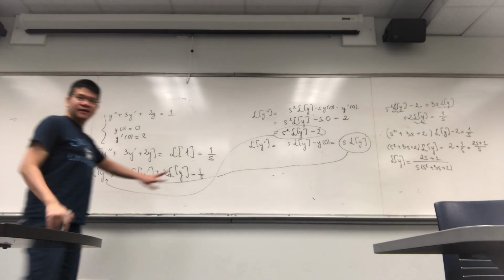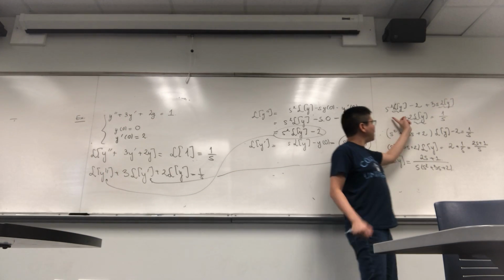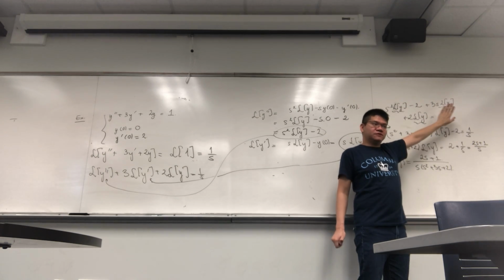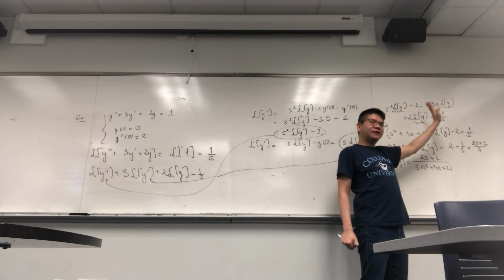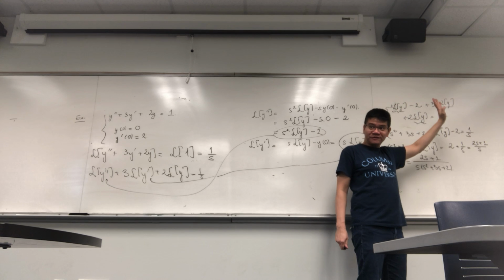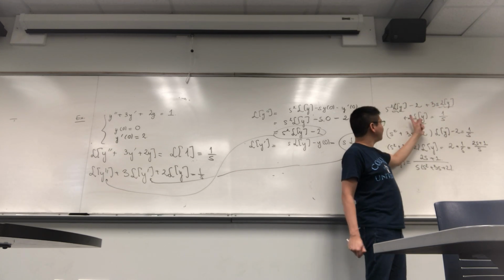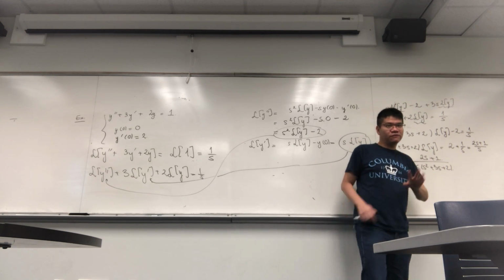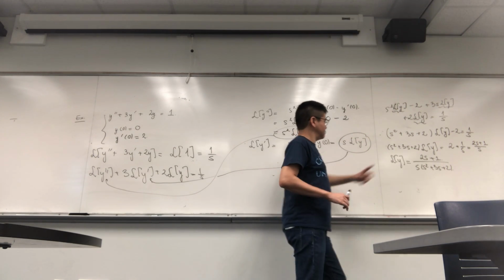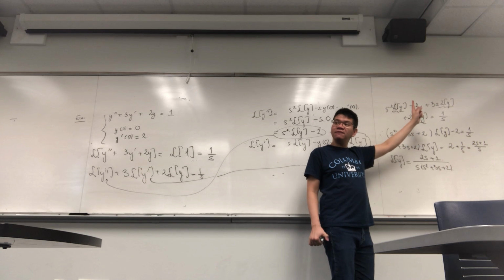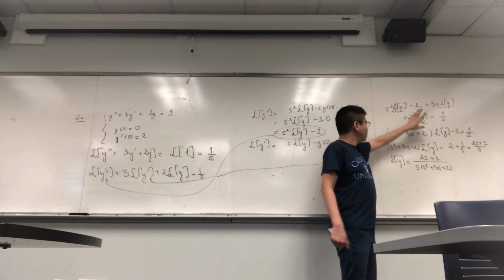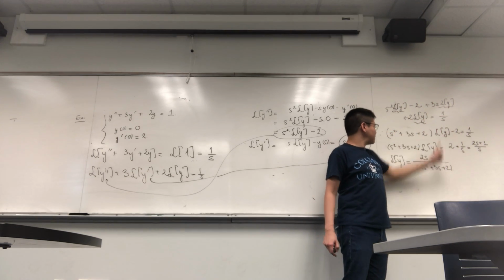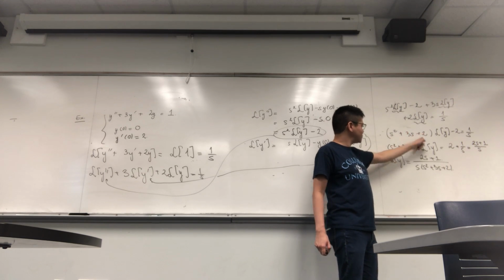So I explain again. After I do all of the Laplace transform, I can remove all of the derivatives, and the equation is now left with an equation for the Laplace transform only. This is a first order linear equation. I group all of the Laplace transform, so I have s squared plus 3s plus 2.